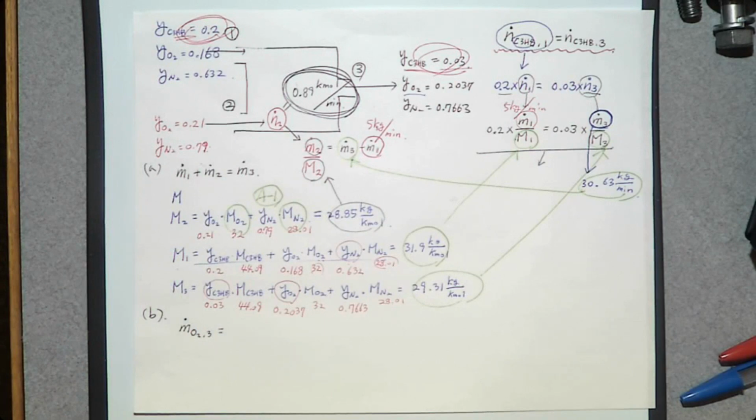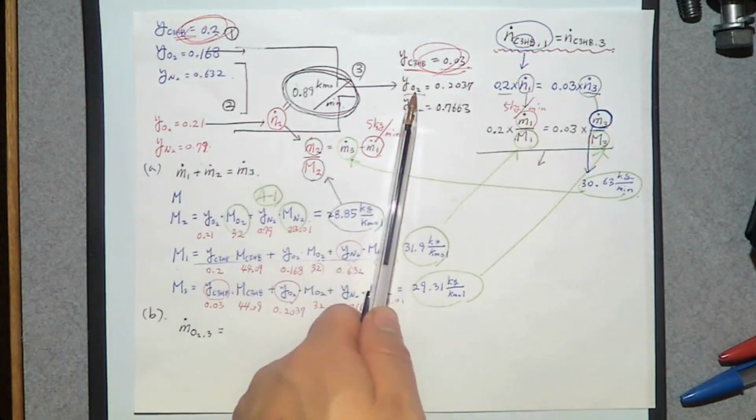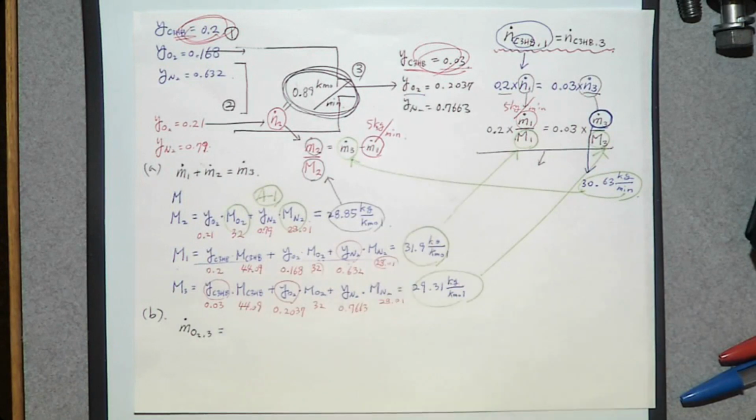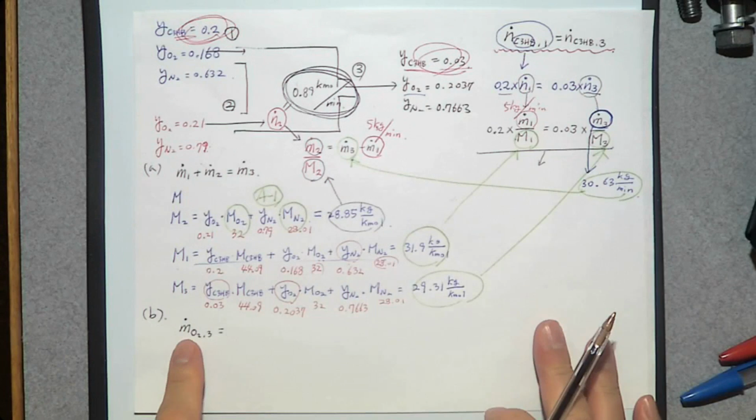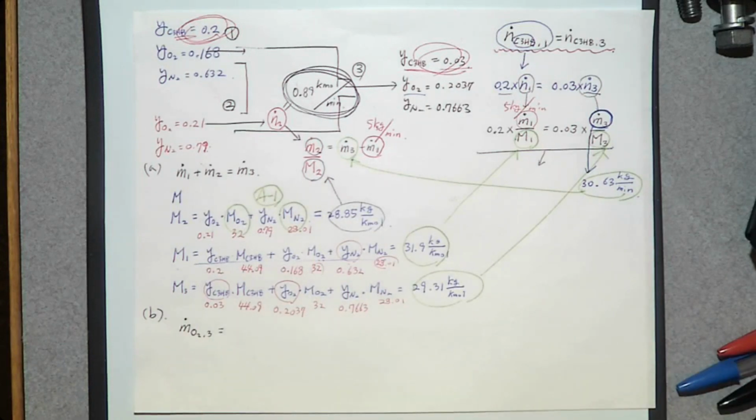Then do we know the mass fraction of oxygen? No, we only know the mole fraction. So let's convert this mass flow rate into a molar flow rate. How can we do that?